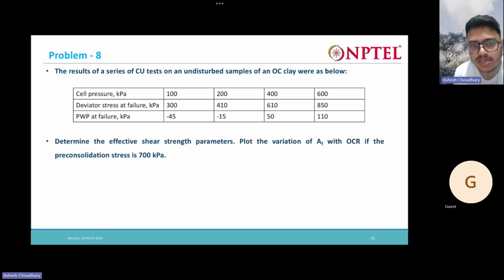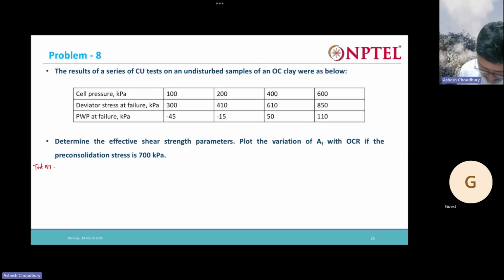Pore water pressure is initially negative. Determine the effective shear strength parameters. Plot the variation of AF with OCR if the pre-consolidation stress is 700. So we'll do this. First, let us write the test number.